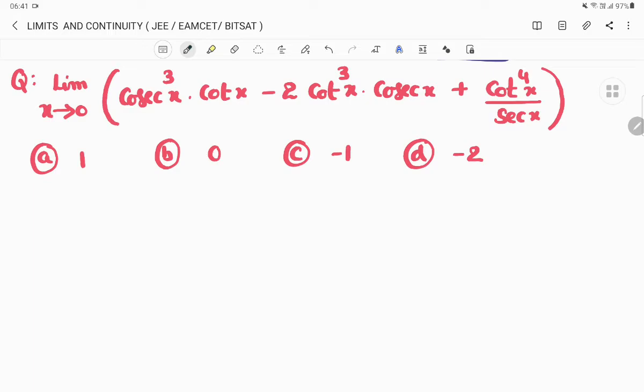First, wherever cosecant and cot are there, you have to write them in terms of sine and cos. After that, simplification. Limit as x tends to 0.